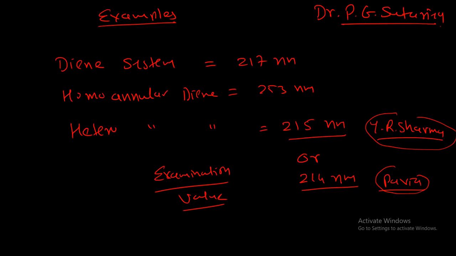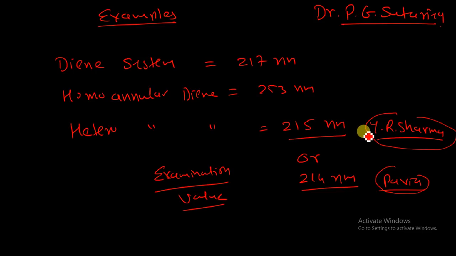Whatever value they have given in your examination data sheet, you have to consider this as the heteroannular diene system, 214 nanometer or 215 nanometer. So now in the following examples we will consider 214 nanometer as our heteroannular diene system.